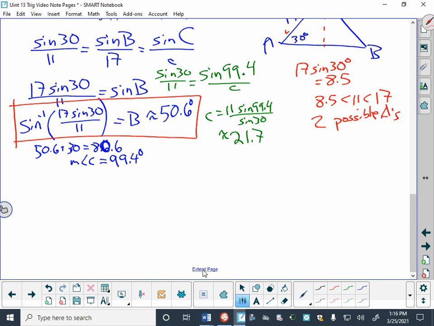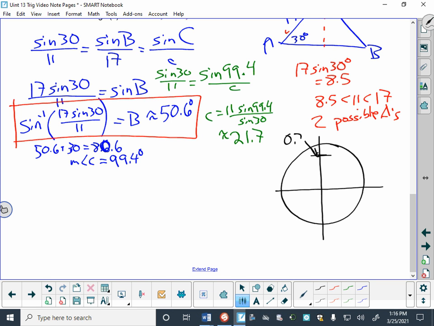And if I go back to my unit circle, cosine comma sine, sines are y values. A y value of 0.77 is up here somewhere, and I know that that can happen actually in two different locations.